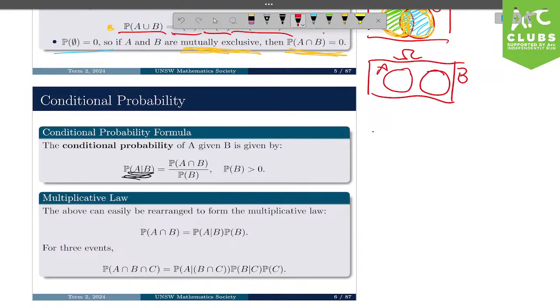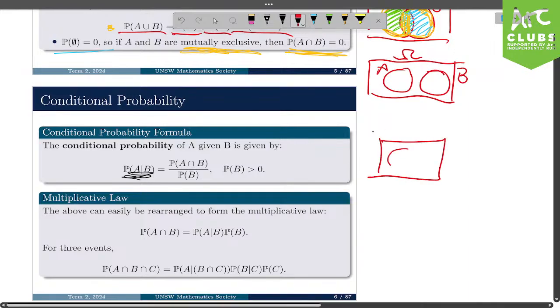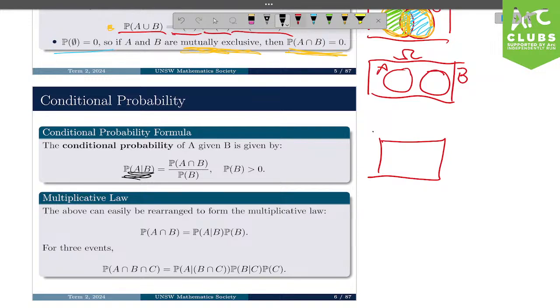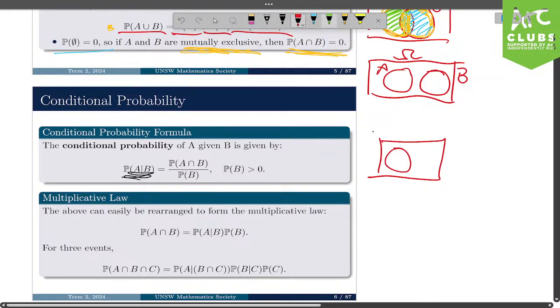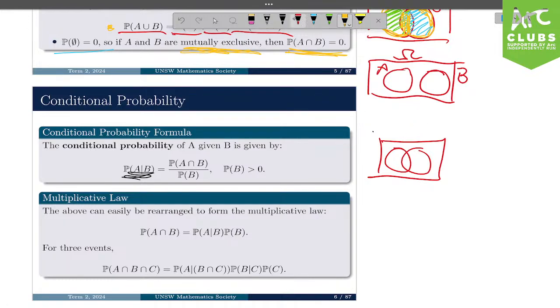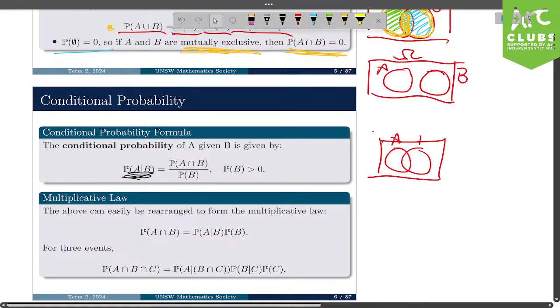I guess we could look at some kind of intuition for it. Again, drawing out these Venn diagrams, we could have something that looks like A and B. So we have A and B. Given that we're in B, this becomes our whole sample space.